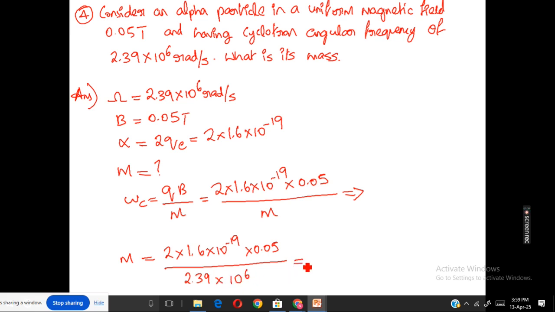So it will give you 2 into 1.6 into 10 raised to minus 19 into 0.05 divided by 2.39 into 10 raised to 6.